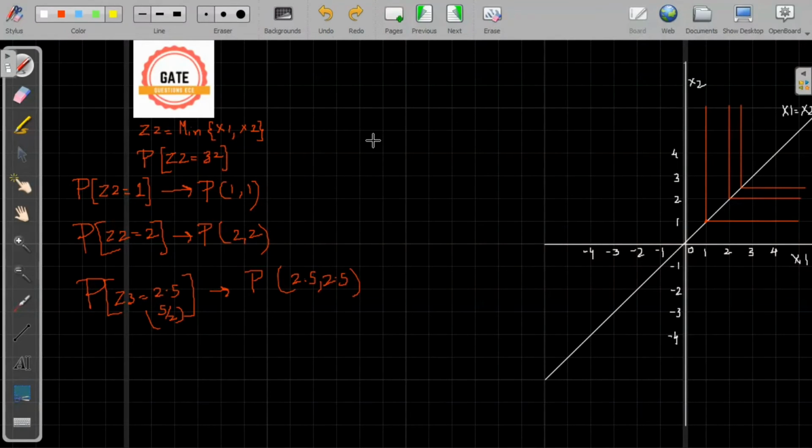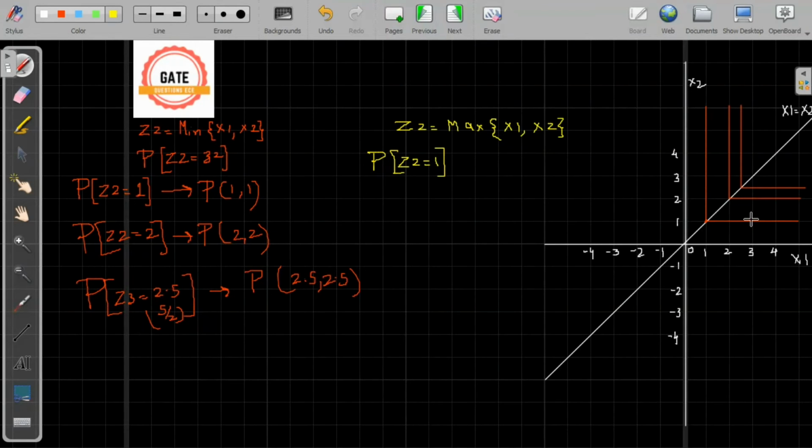Just for better understanding and comparison with the maximum function, I am going to draw here. If Z2 is the maximum of x1, x2, and we need to find the probability that Z2 is equal to 1, I am going to draw what the boundary will be to calculate this probability for the maximum function.